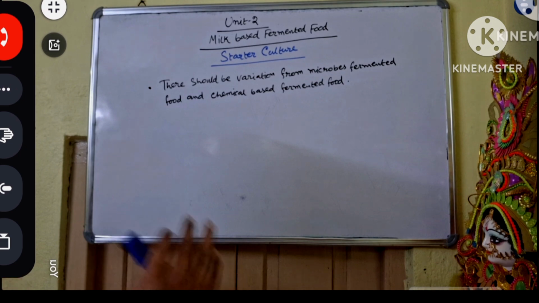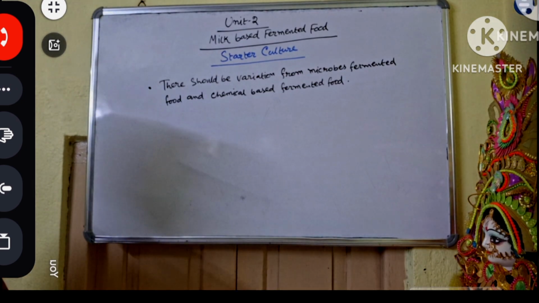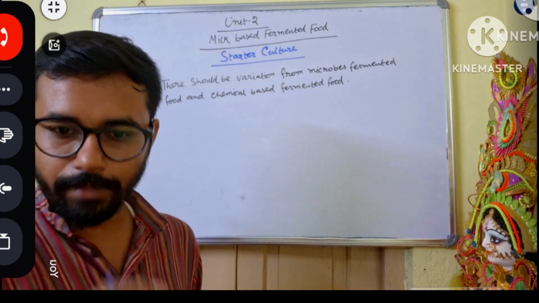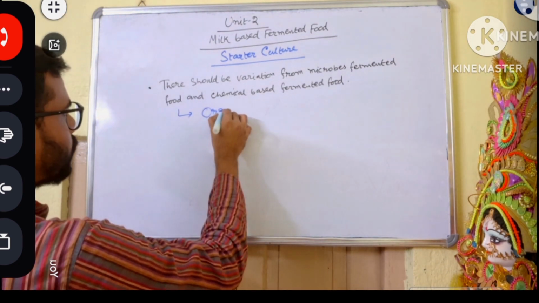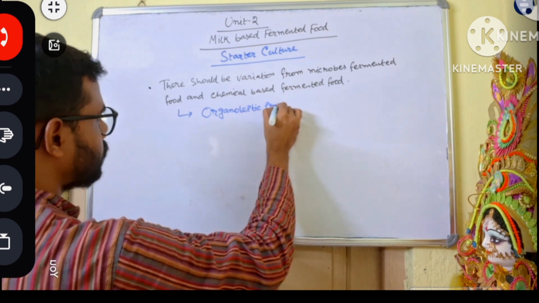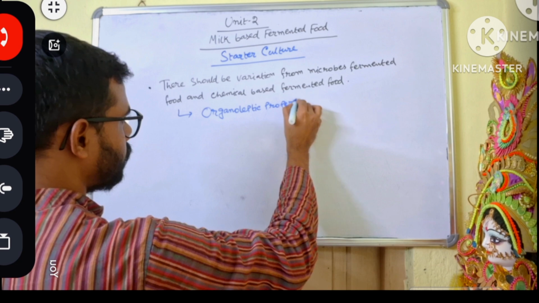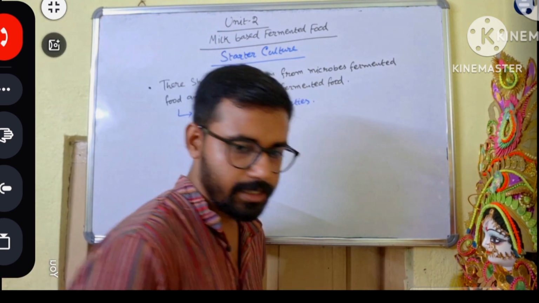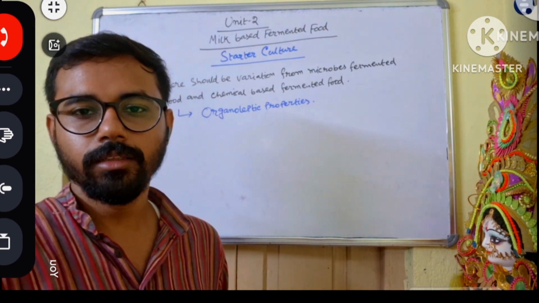It is 100% correct because for microbe-fermented food and chemical-based fermented food, the ultimate end product could be the same, but the main difference lies in organoleptic properties. This term was discussed in the last class. What does it mean?